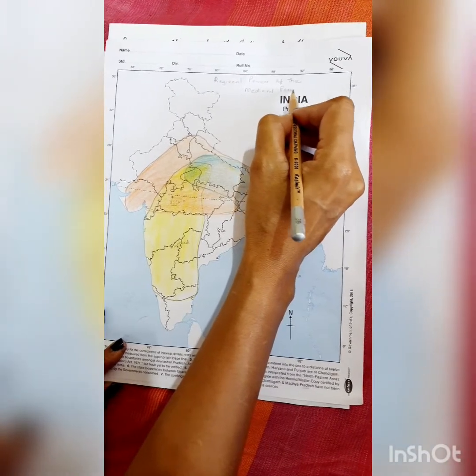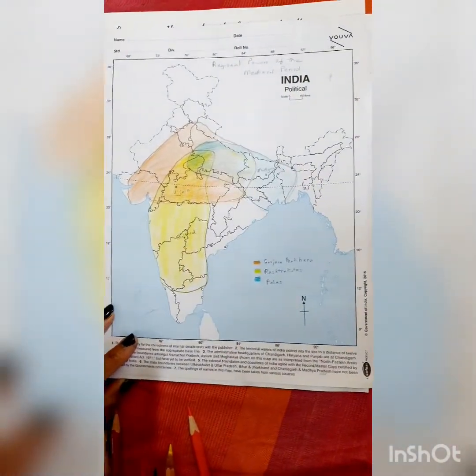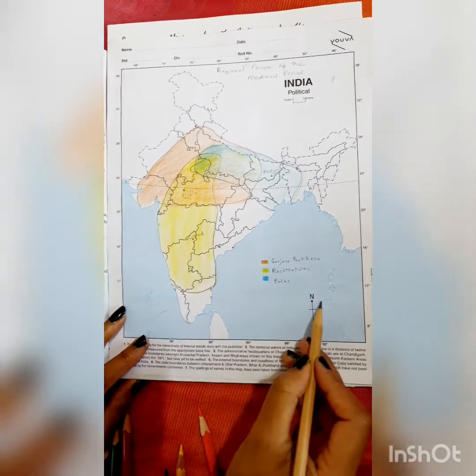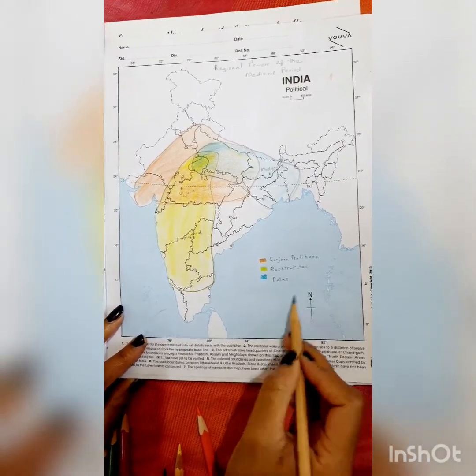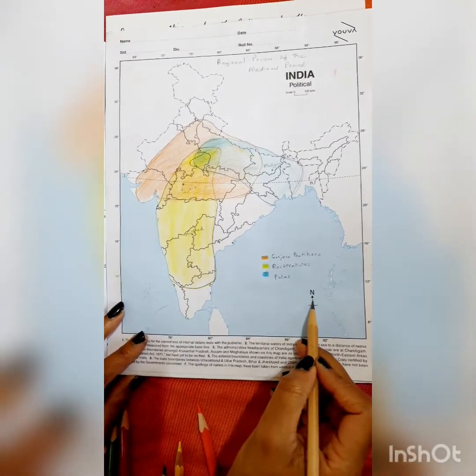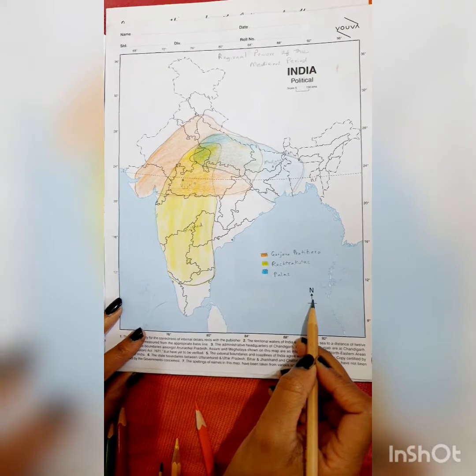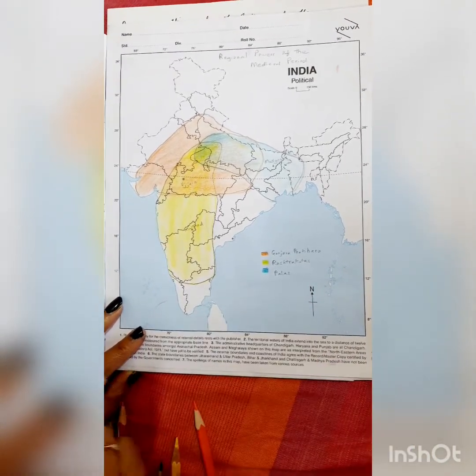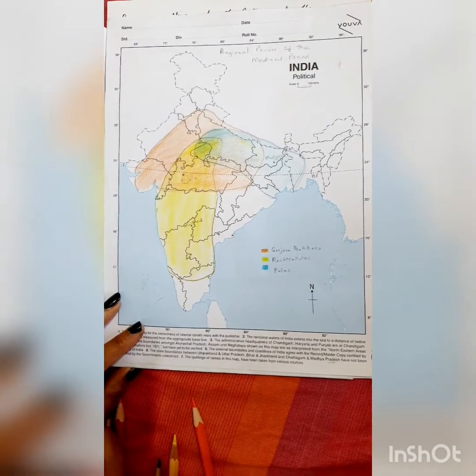Alright, so every map usually has a title. So this will be the title of our map, and this is the compass, sorry, this is the cardinal direction. So cardinal direction, so this always points to the north and indicates the northern direction. All right, so this is about the extent of the different dynasties that ruled medieval India.